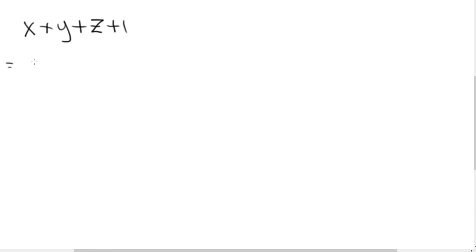First thing we look at is whether we have any like terms. So there are no like terms here. So the simplified version of this is just as it was given, x plus y plus z plus 1.